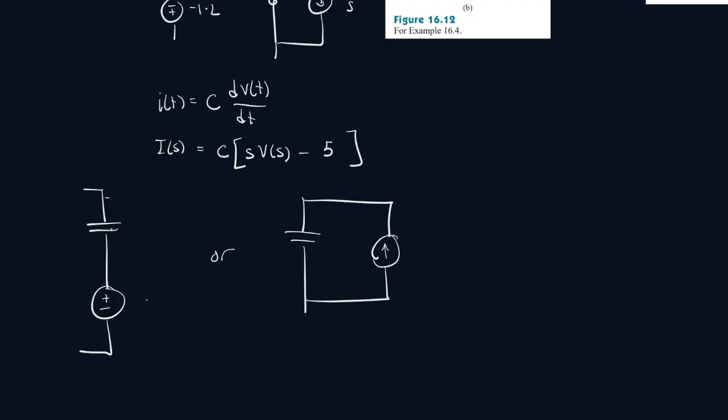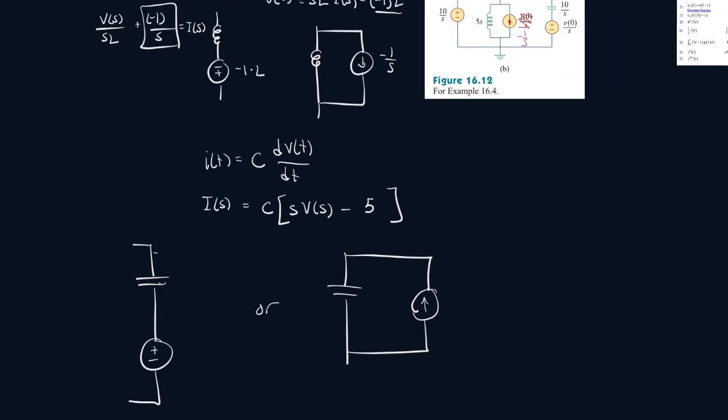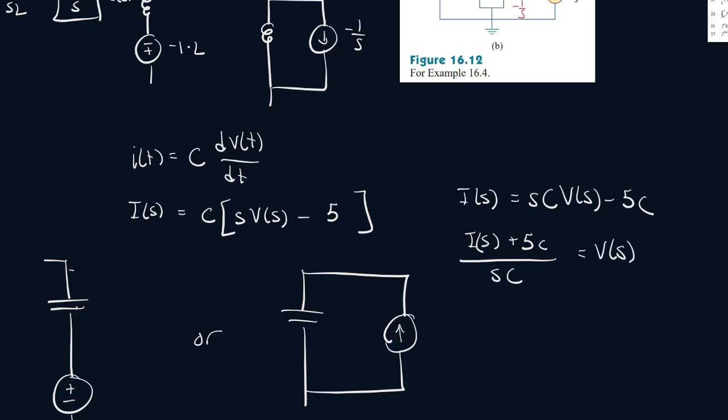Okay, let's go with using a voltage source. That means we will have to isolate for V of s. So what we'll do is bring the C to the other side and divide everything by sC, and that'll be your V of s.